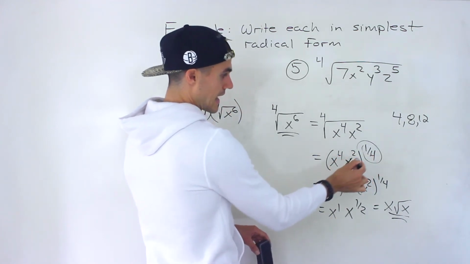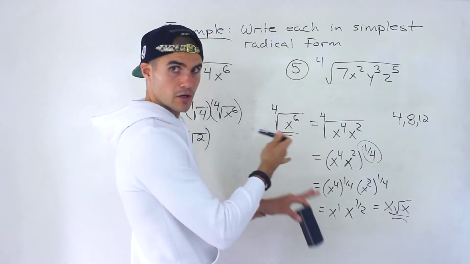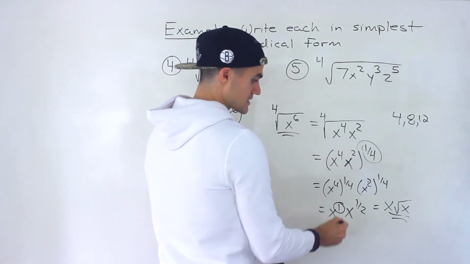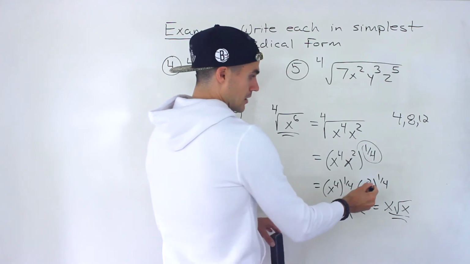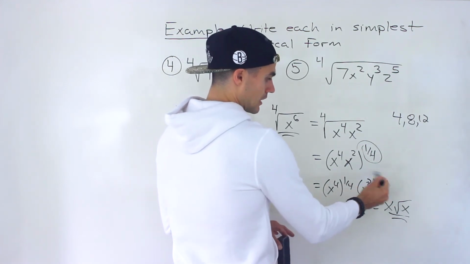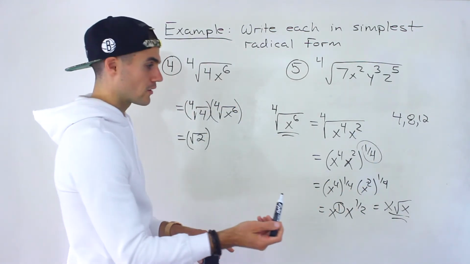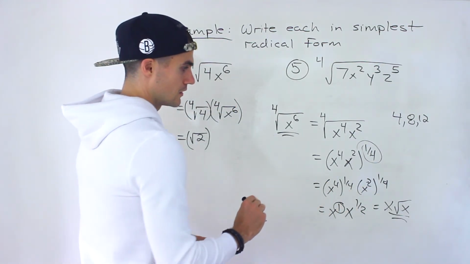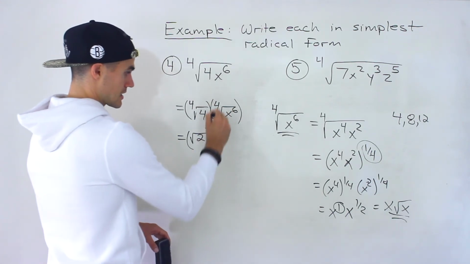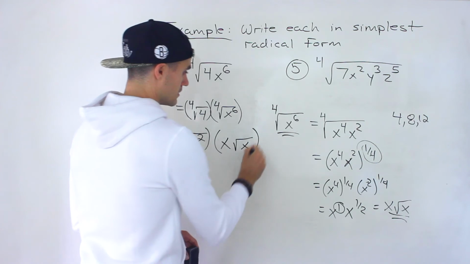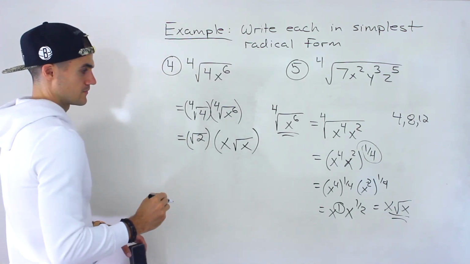We know this times that, because we did that preliminary step of finding that number, is always going to give us an integer here. But then this times this, a lot of times is going to simplify like it does here. The 2 over 4 simplifies to the 1 over 2. So this ends up being x times the square root of x.